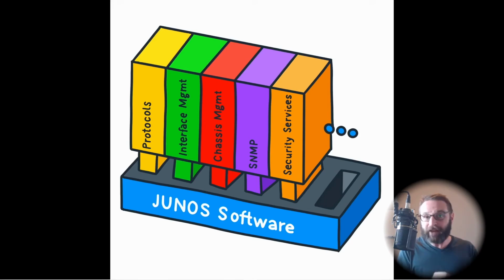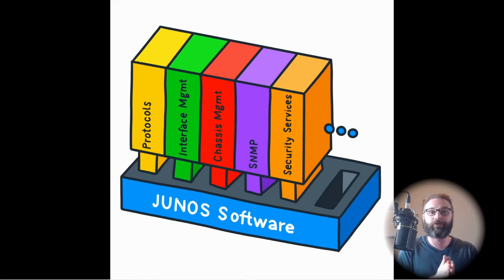In fact, factory defaulted devices, the first time you boot them up, you are brought into the FreeBSD shell, and you have to tell it to enter the Juniper operating system by typing the command CLI to actually get into Junos itself. Otherwise, you have access to the root FreeBSD operating system, and you can treat it no different from any other FreeBSD or Linux-based device that you've ever worked with before.